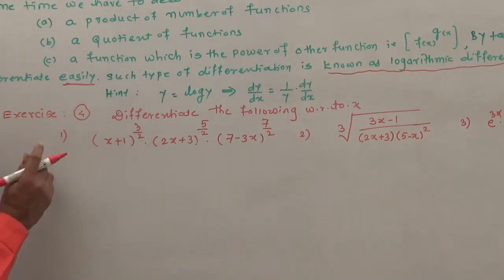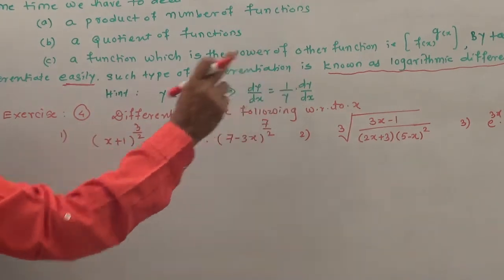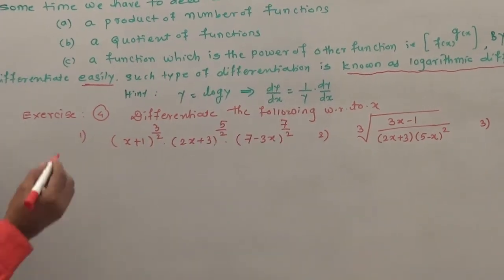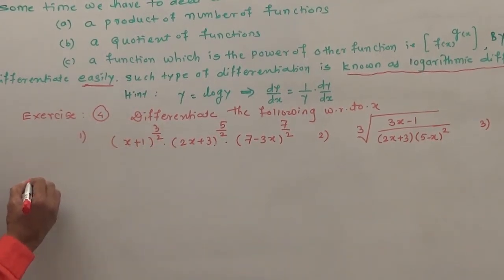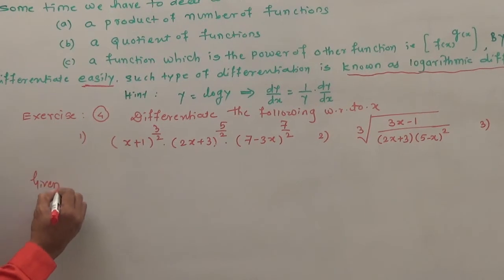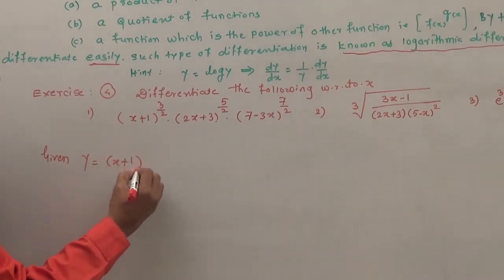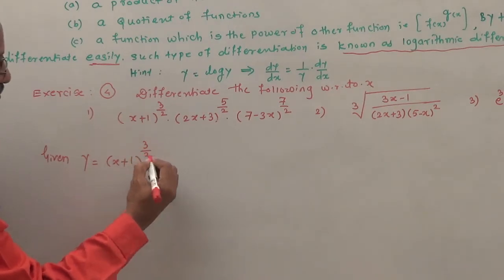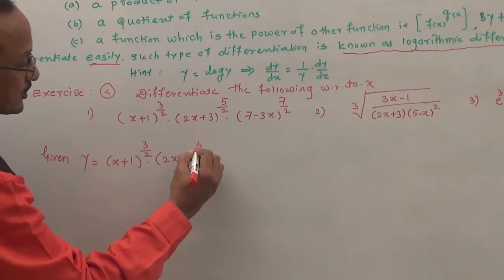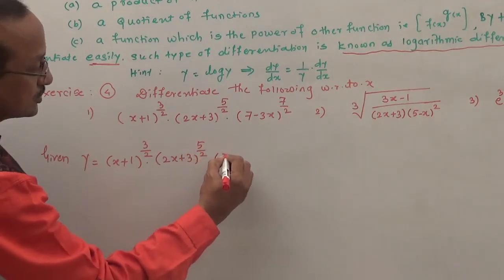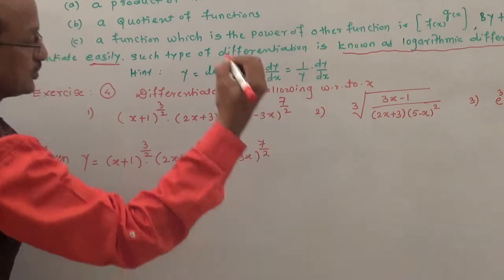Now let us consider exercise number 4. Differentiate the following functions with respect to x. Take this example. Given y is equal to (x plus 1) raised to power 3 by 2 into (2x plus 3) raised to power 5 by 2 into (7 minus 3x) raised to power 7 by 2.